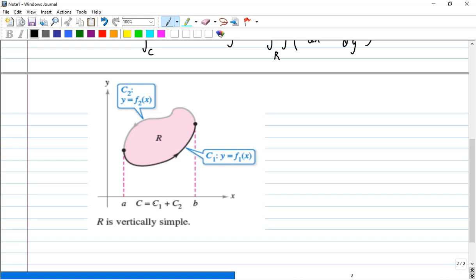It has here a C sub 1 and a C sub 2, and the curve C is simply the entire thing. And that is considered to be vertically simple.